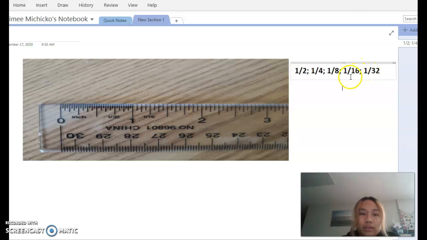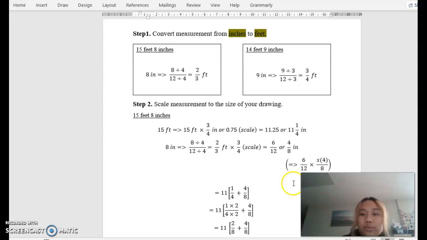6/12 falls between 1/8 and 1/16, so the rule is you have to go backwards. We're going to choose 1/8 as our x. That is why I have it here, x over 8.